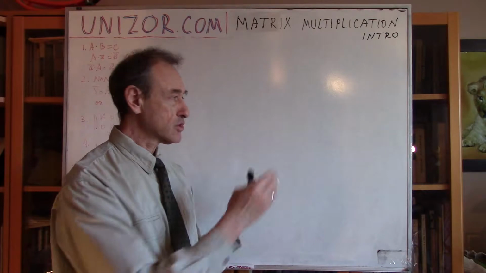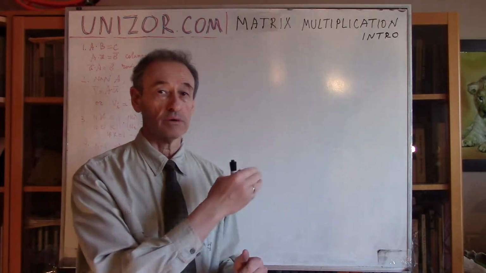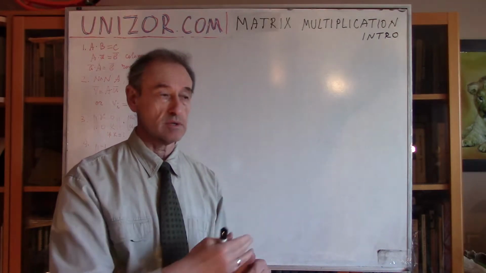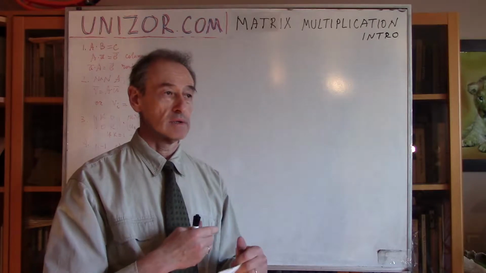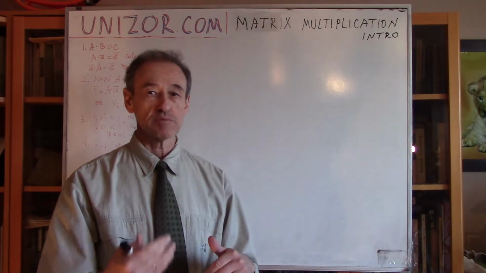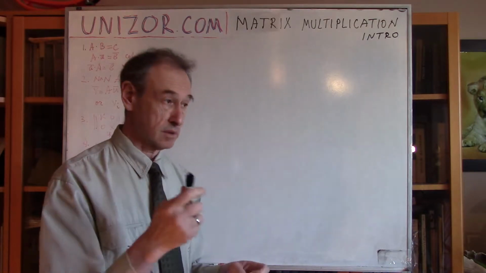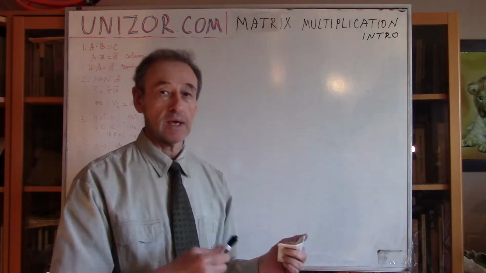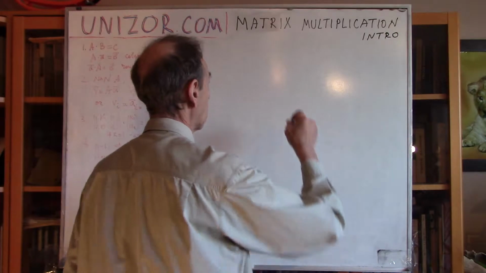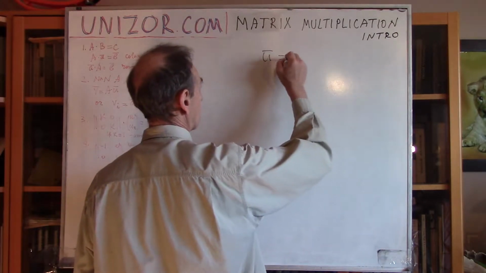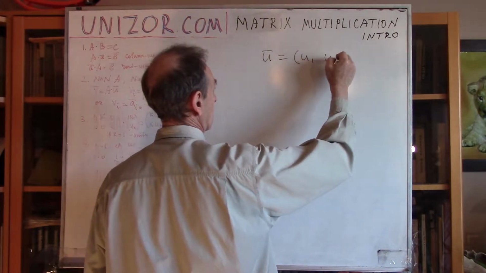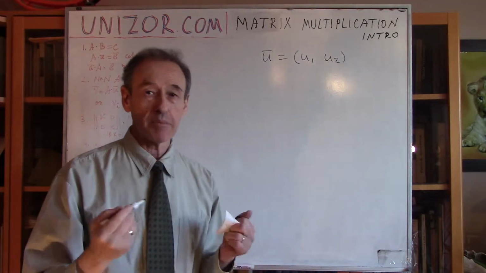Now, I was just talking about transformation of vectors using matrices. And now I just mentioned that matrix multiplication is an operation on matrices. But look at it this way. Any vector can be viewed as a matrix.